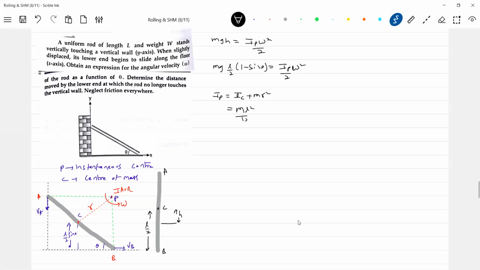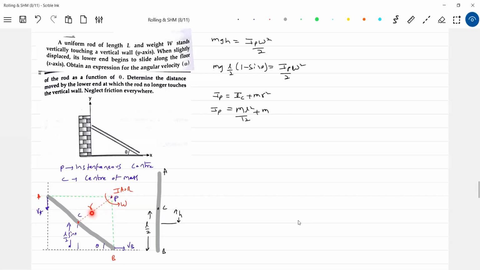Ic we are very sure. What should I write for R? I think R should be L by 2. So what is this length? L by 2 sine theta. What is this? L by 2 cos theta. This is L. So what is this length? L by 2 sine theta. This L by 2 cos theta.